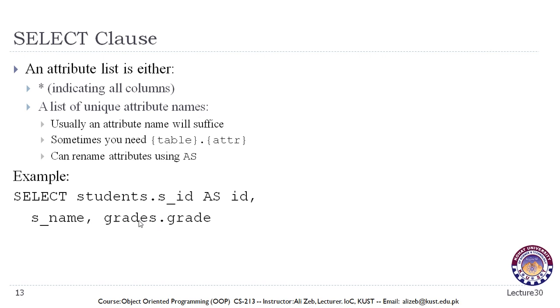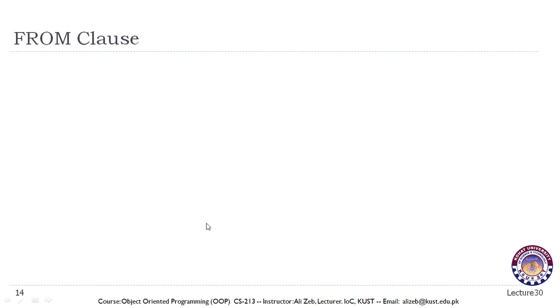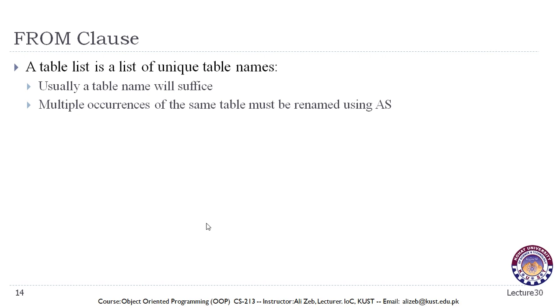S name, grades; this is another table that has the grade of the student. Then the from clause has a table list, which is a list of unique table names. So from is followed by the names of the tables that we want to select the data from. Usually the table name will suffice, so you provide the name of the table. Multiple occurrences of the same table must be renamed using as.